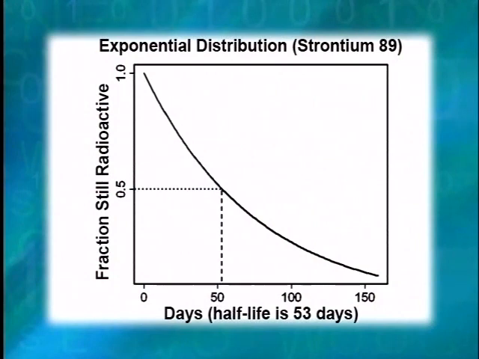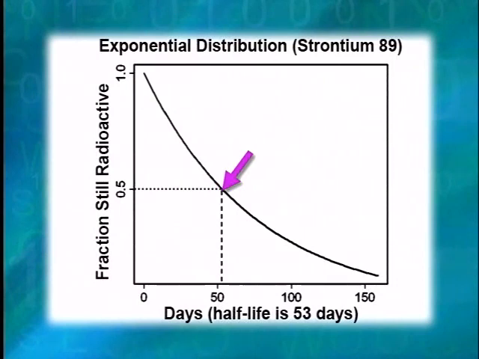This is an example that occurs if you take a radioactive element like strontium-89. You would expect a certain amount of it to become not radioactive over time, and it has a half-life, meaning that in a certain period of time, in this case 53 days, you would expect half of the material to have decayed and quit being radioactive.